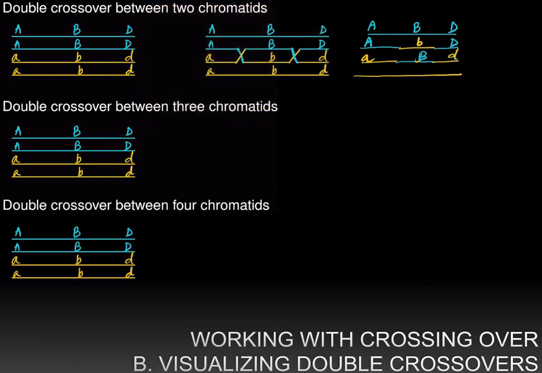And the fourth chromatid will be unchanged, will have the parental genotype, little a, little b, and little d.